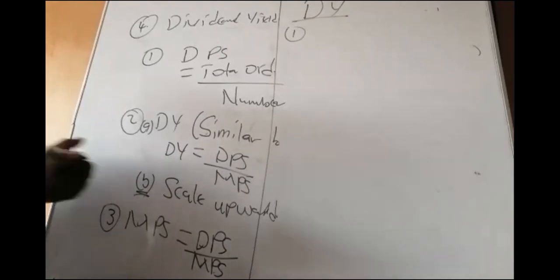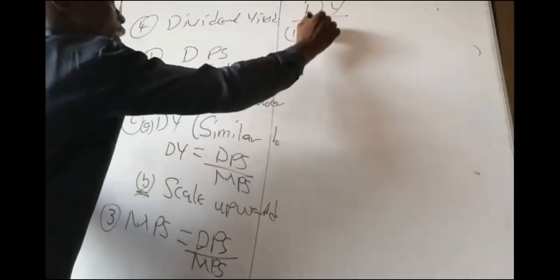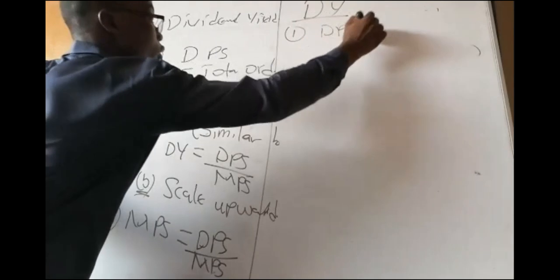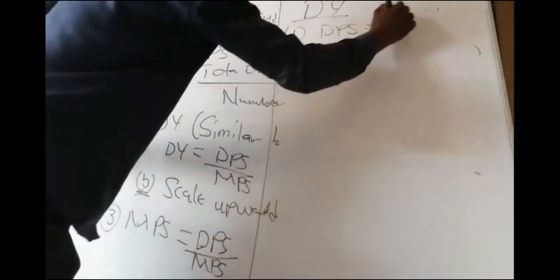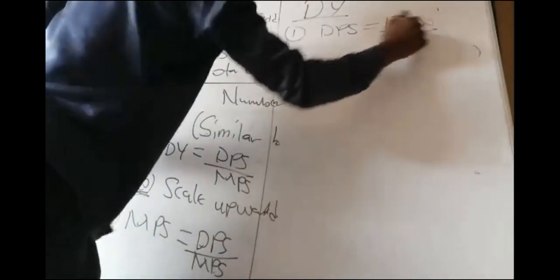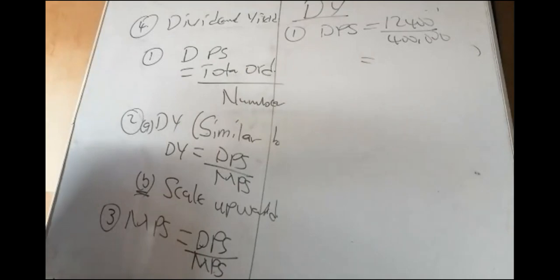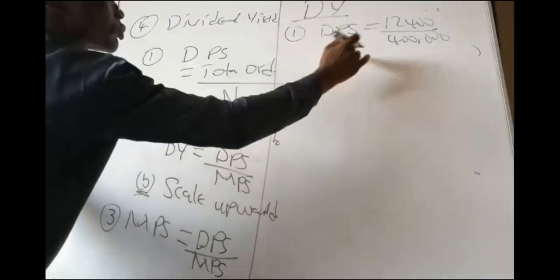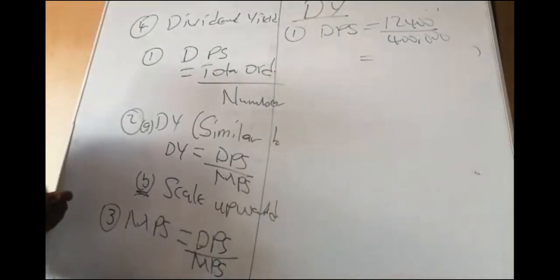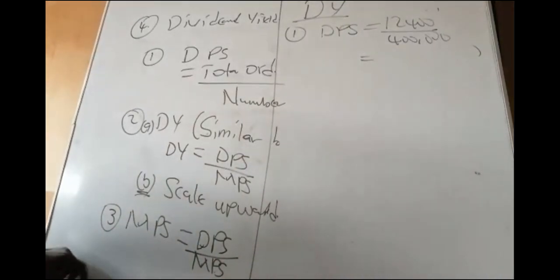So the dividend per share for sweet potato will be 12,400 divided by 400,000, which is the number of shares. So what would be the answer?